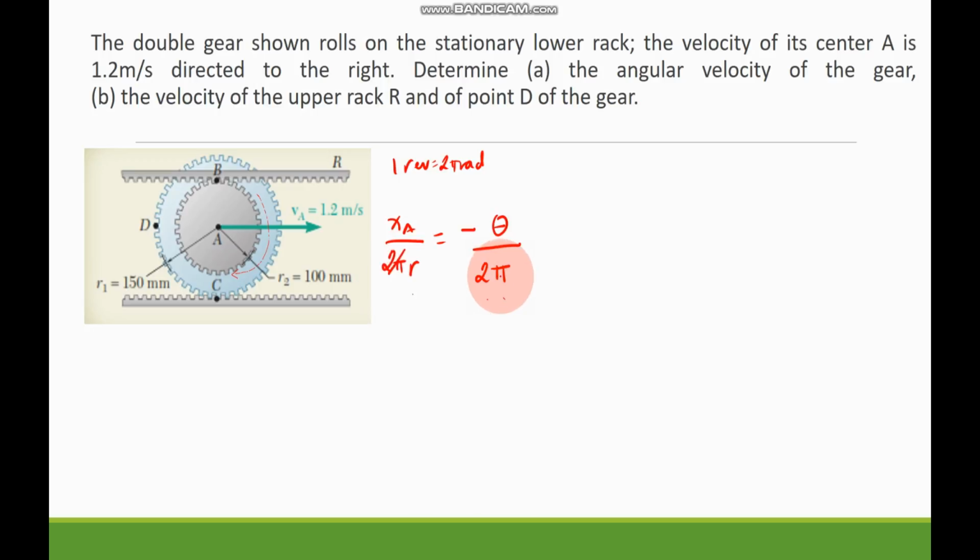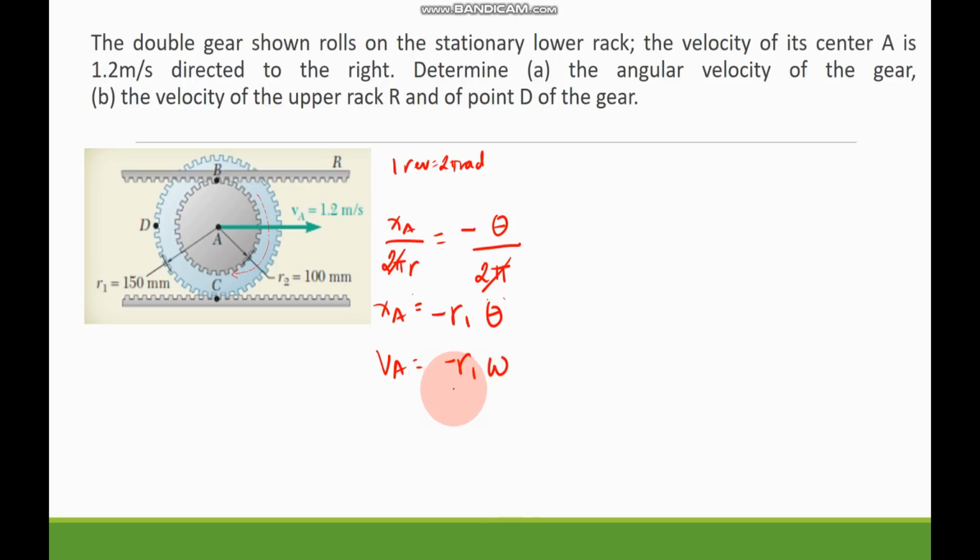So cancelling this out, the position of A is equal to negative r1 theta. If we differentiate this formula to obtain the velocity, the velocity of A is equal to negative r1 times the angular velocity.